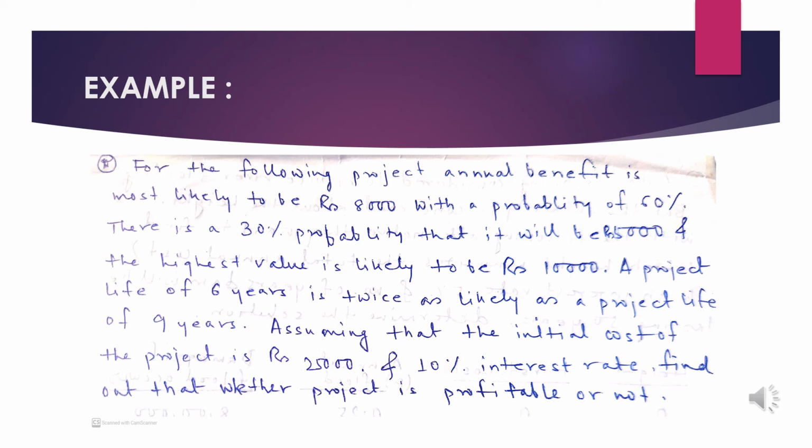A project life of 6 years is twice as likely as a project life of 9 years. Assuming the initial cost of the project is 25,000 and the given interest rate is 10%, we need to find out whether the project is profitable or not, or whether the organization should continue investing in the project or not.